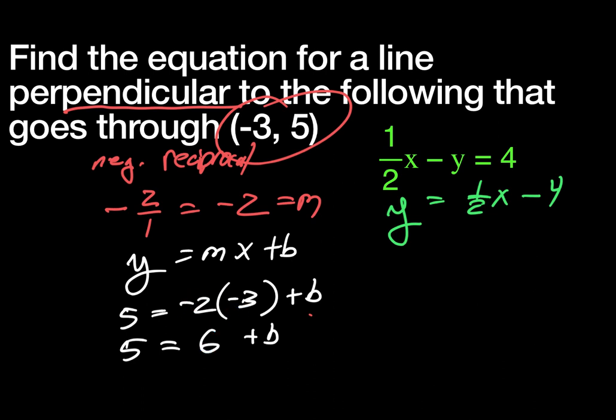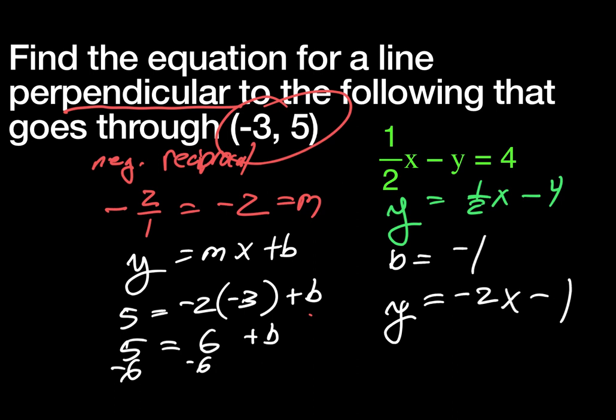I'm going to subtract 6 from both sides. B equals -1. So my equation will be y equals -2x minus 1. Again, the -2 because that's the negative reciprocal of 1/2. The b because I used the point it went through, the slope that I had, to find the b value.